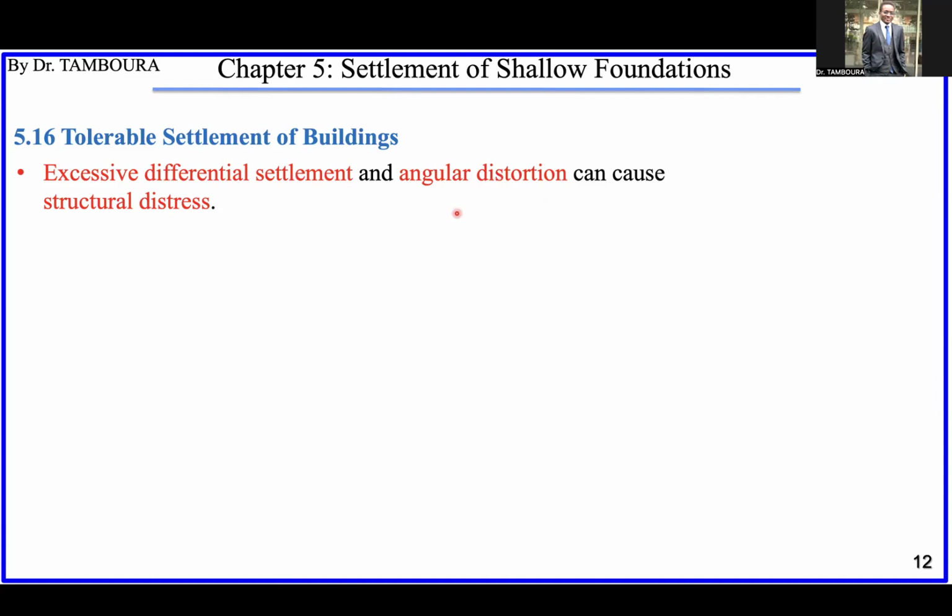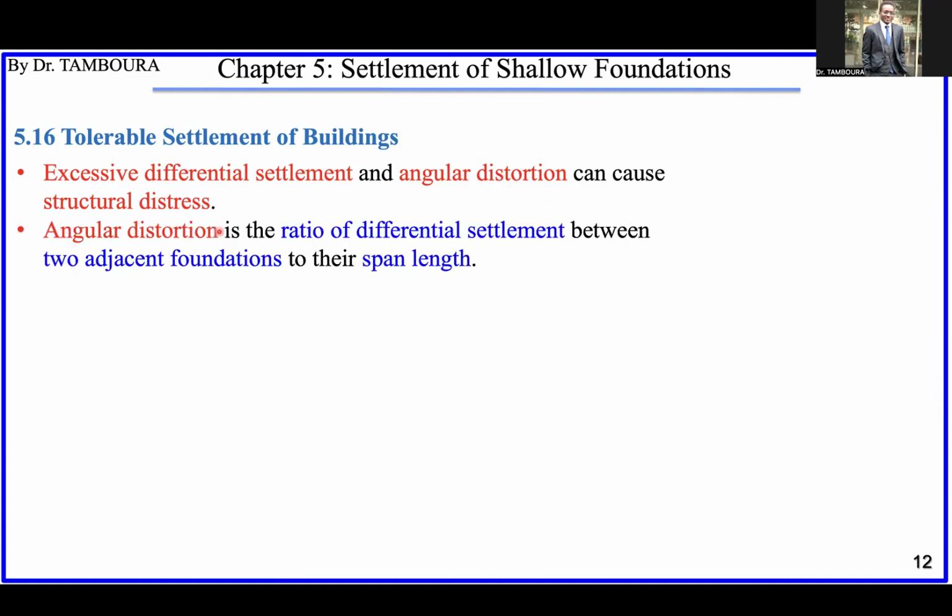If you have this, it can cause distress on your structure, on your building. Okay, what is angular distortion? The angular distortion is the ratio of differential settlement between two adjacent foundations to their span length.